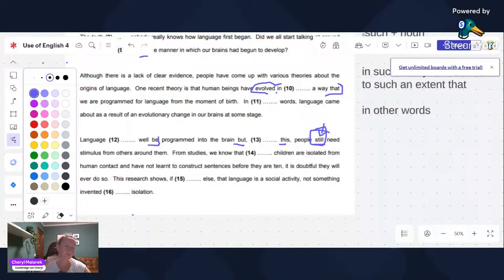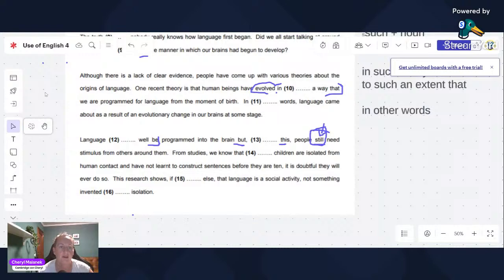If we come back to what I was saying earlier, the most common problems that people have with this part of the exam are with technique, vocabulary, and grammar.